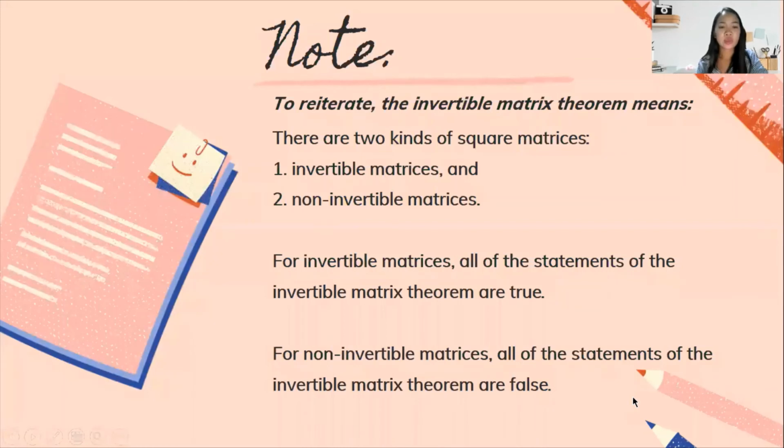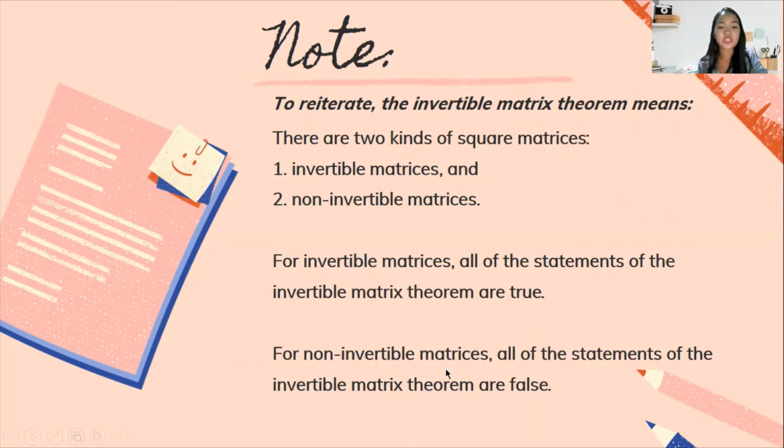Okay, so take note. To reiterate, the invertible matrix theorem means that there are two kinds of square matrices. The first one is invertible matrices, and the second is non-invertible matrices. For invertible matrices, all of the statements of the invertible matrix theorem are true.